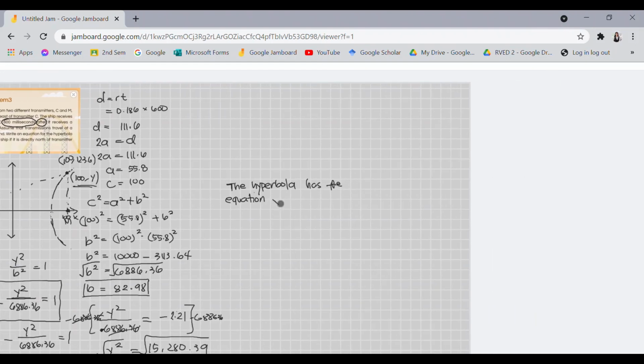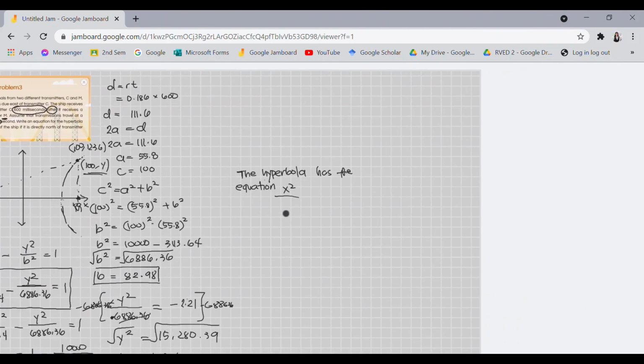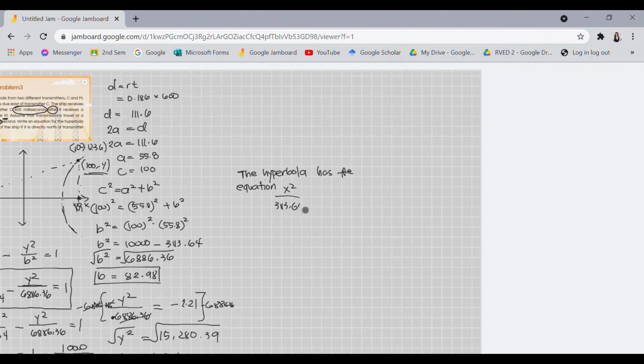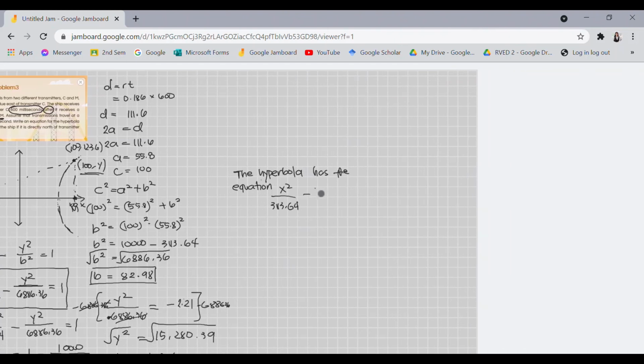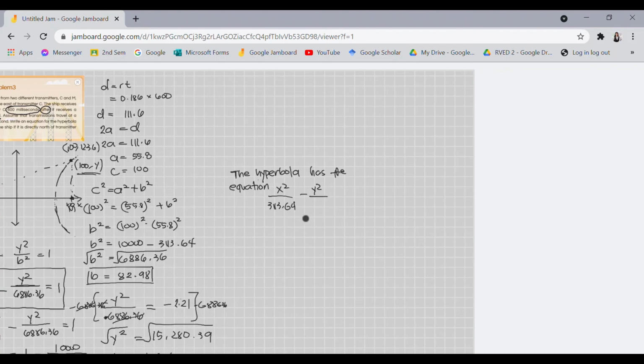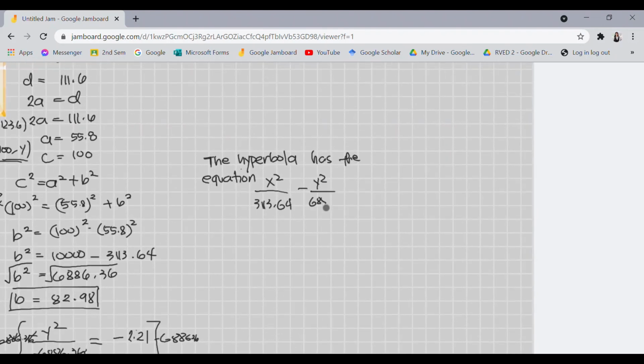We have x squared over 3113.64 minus y squared over 6886.36 is equal to 1.